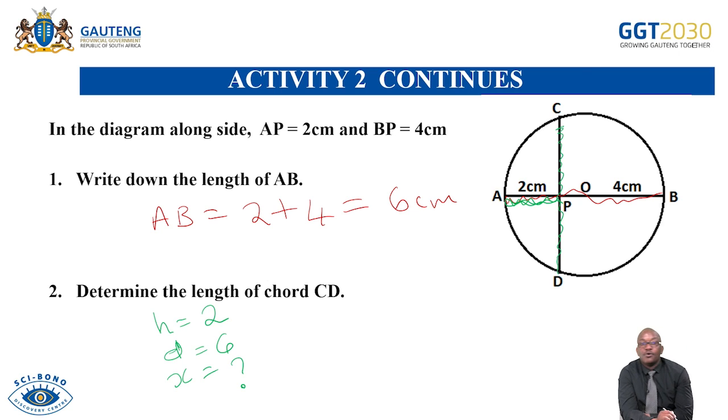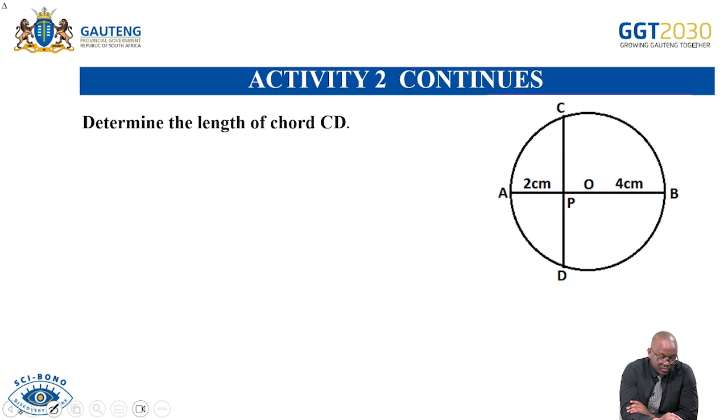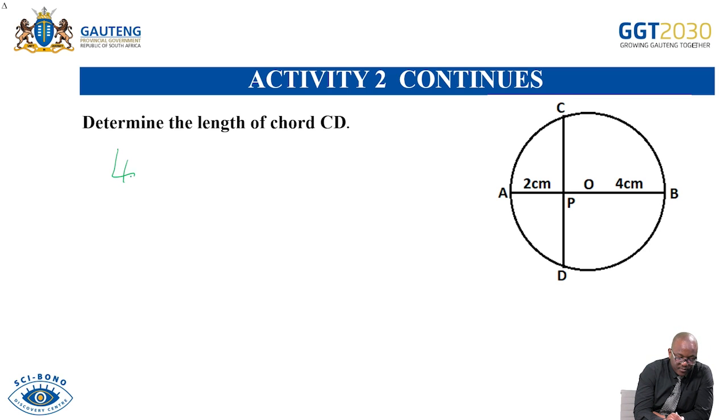And we don't know what our CD is, which is the length of chord. So what do we do here? Remember, we must determine the length of chord. So we go to our formula: 4h squared minus 4dh plus x squared is equal to 0.